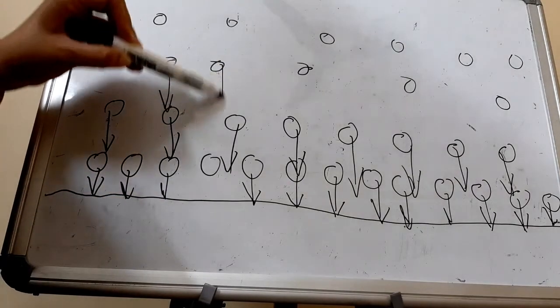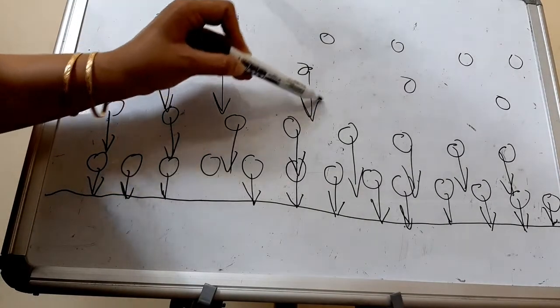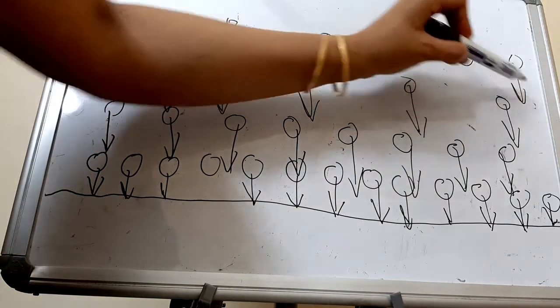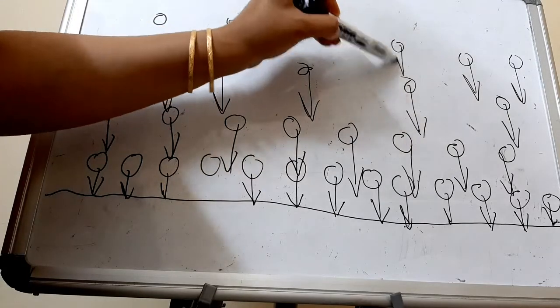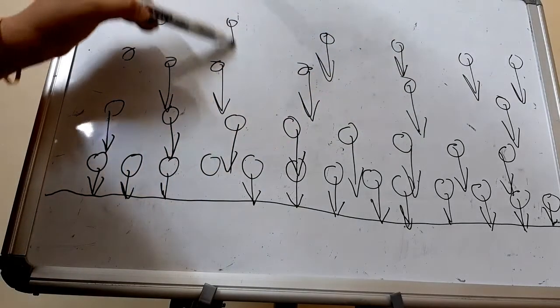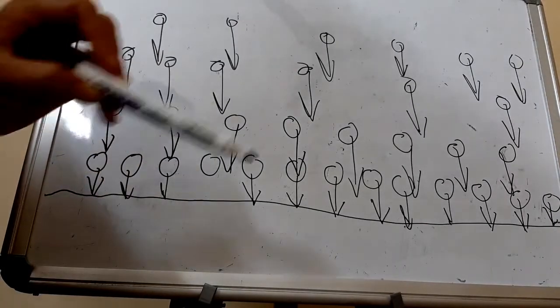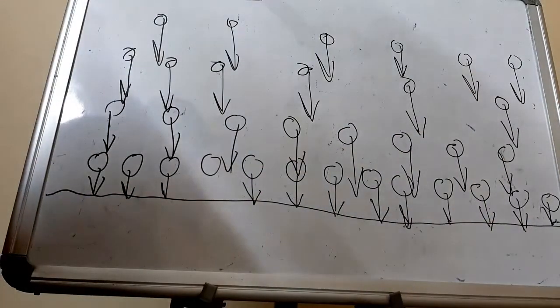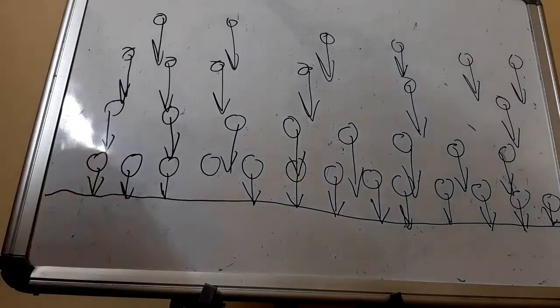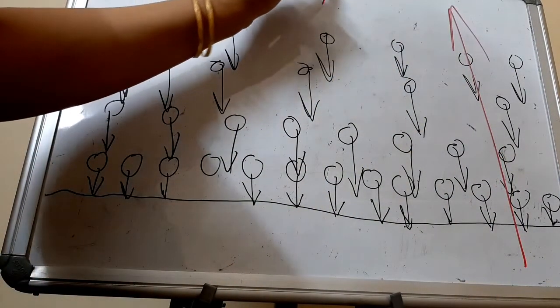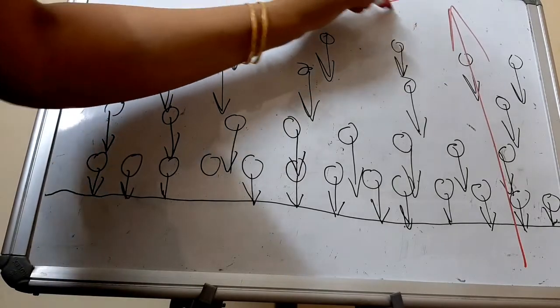So as you keep going up, what is happening? The air pressure is decreasing. The force exerted by the air above is decreasing. Hence, as we go up, the atmospheric pressure decreases.